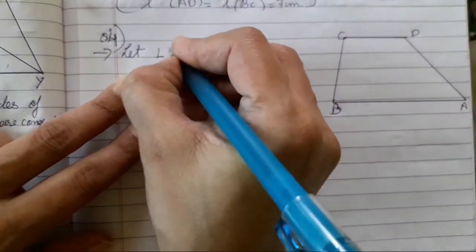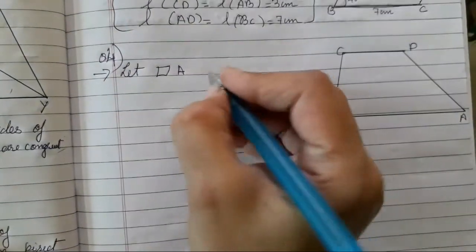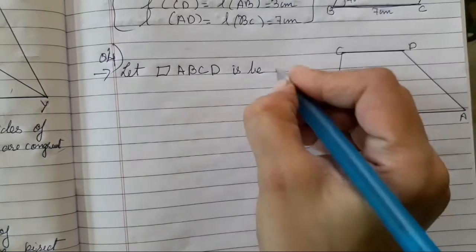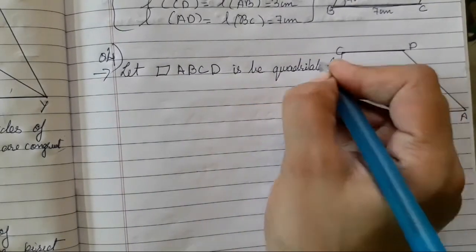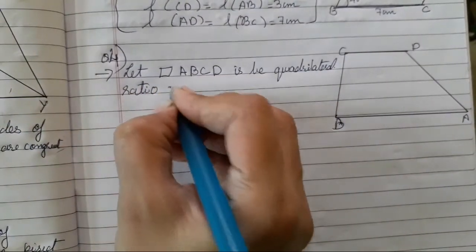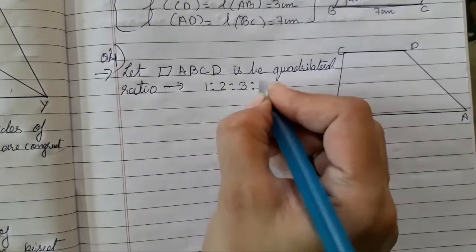Let ABCD be a quadrilateral. Okay, and what is the ratio that they have given? Ratio is 1:2:3:4.